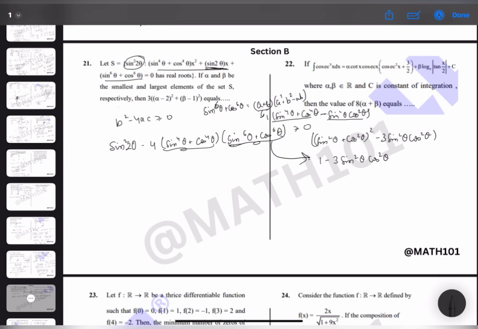Similarly, sin to the power 4 theta plus cos to the power 4 theta can be written as sin square theta plus cos square theta squared minus 2 sin square theta cos square theta. So this is 1. So we are left with sin square 2 theta minus 4 into 1 minus 2 sin square theta cos square theta, which can be written as sin square 2 theta by 2 into 1 minus, similarly, this can be written as 3 by 4 sin square 2 theta.